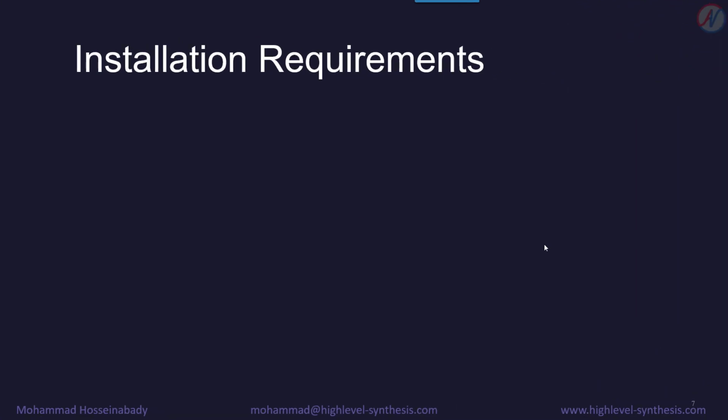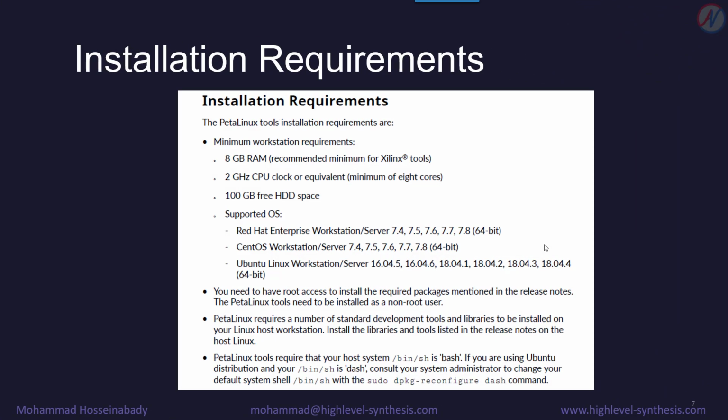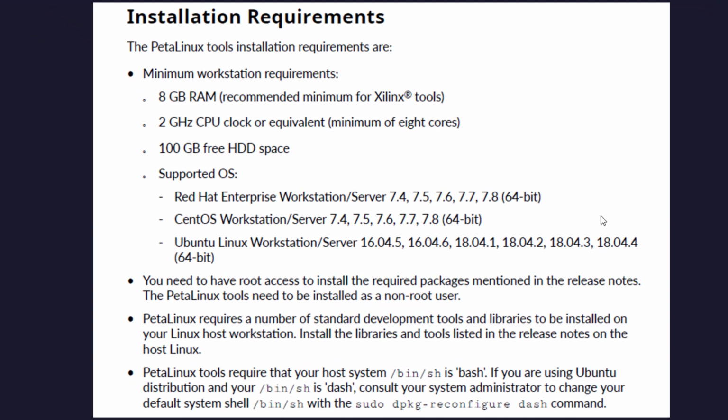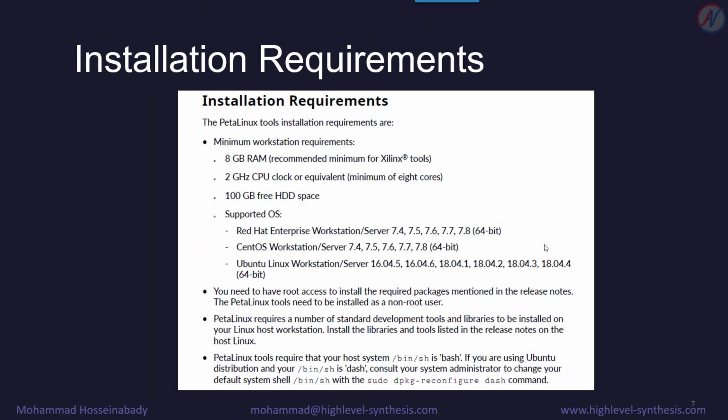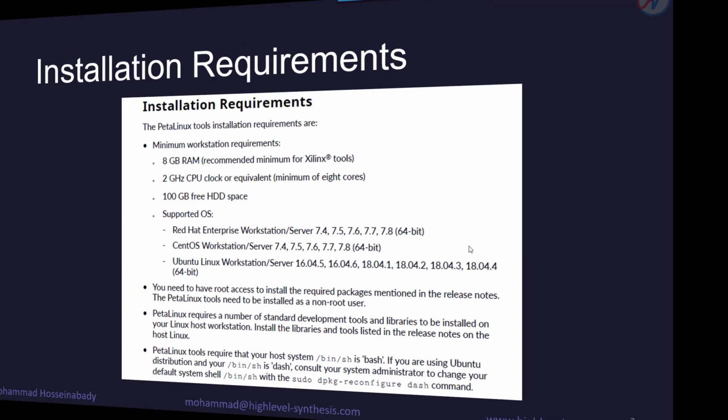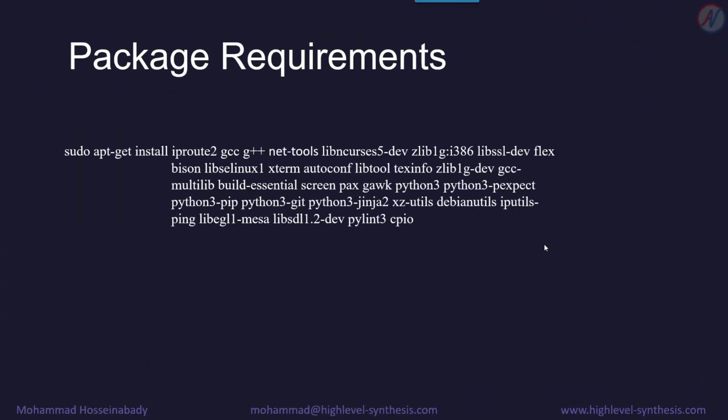These are the installation requirements taken from this document. Before installing the Petalinux, a group of packages should be installed on your Ubuntu computer. You can find a file containing the list of these packages in the resources folder attached to this lecture.